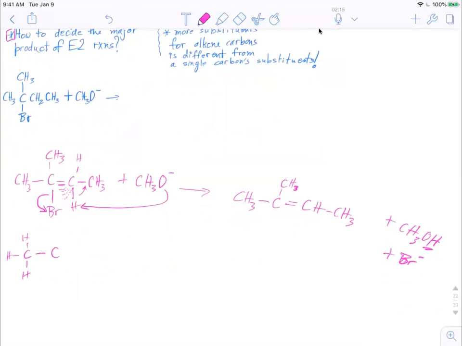It could attack there. So CH3O minus would say, I'm going to take this away. And I'm going to flip over to somewhere where there's a good leaving group, and I'm going to form a connection with this. And bromine's just going to go bye-bye, and everything else stays where it is, right? Bromine got eliminated. Actually, hydrogen and bromine got eliminated. That's why I call it a cascade or avalanche of sorts.